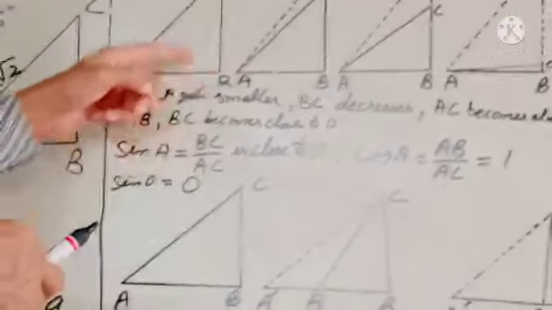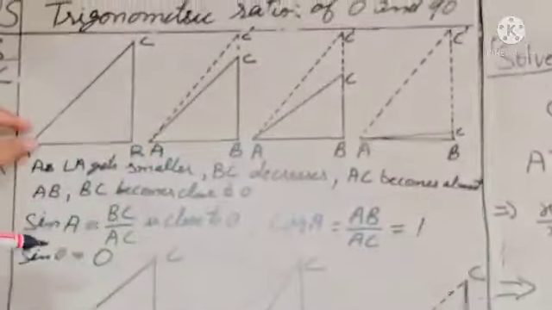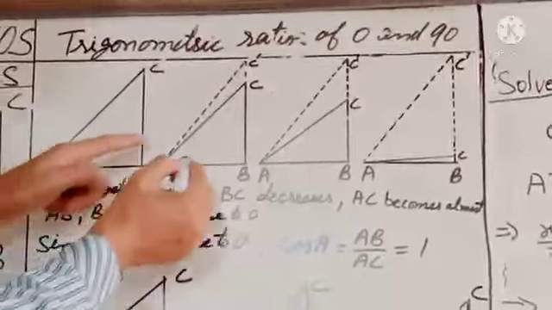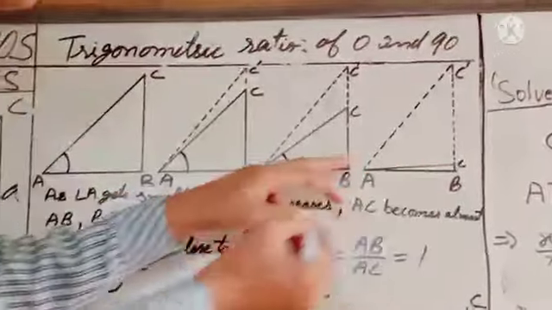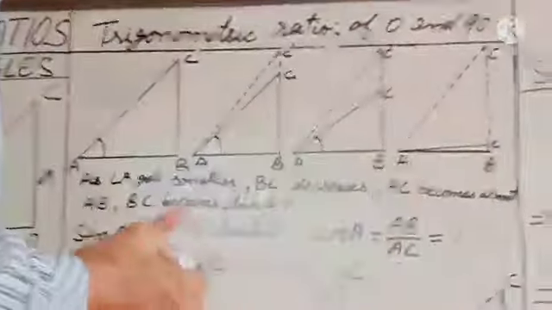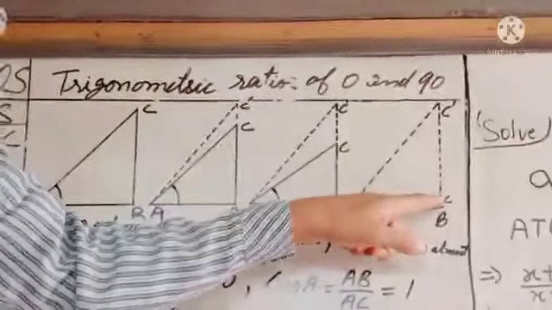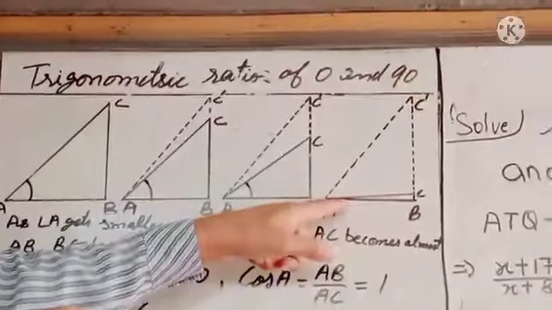See, when angle A gets smaller, yet smaller, almost it is coinciding with AB. AC is coinciding with AB. That means point C almost coincides with B as it gets smaller.